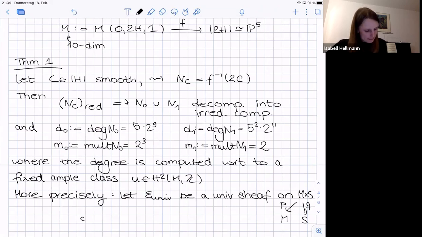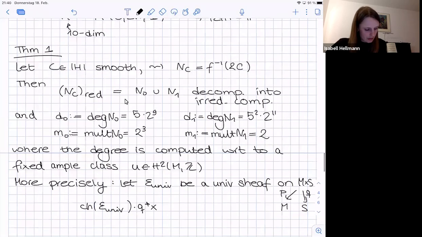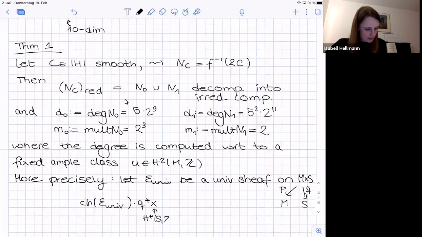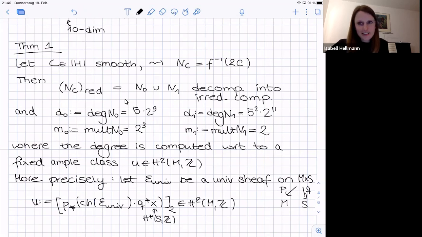And then I can consider the Chern character of this universal sheaf, which is on M times S. I multiply with a class coming from S. This is still on M times S, but I push it forward to M, so I get something on M. And now I take the part in degree 2 cohomology, so this is in H2 of M, comma Z. And this is my class U. There's some choice: I want to choose X such that U is ample.